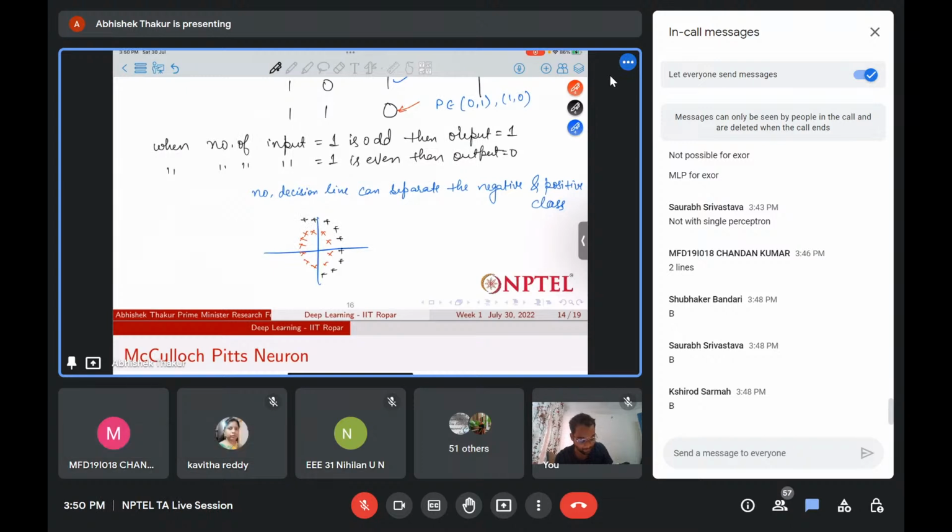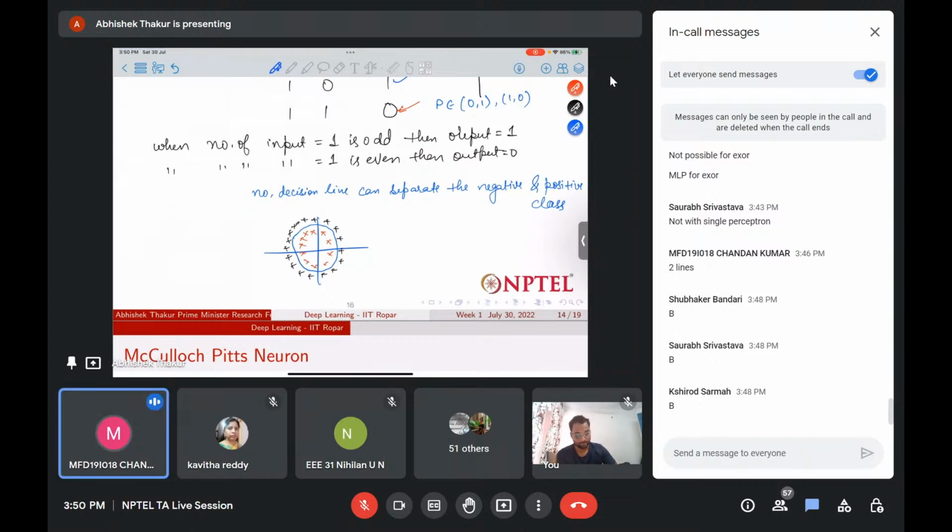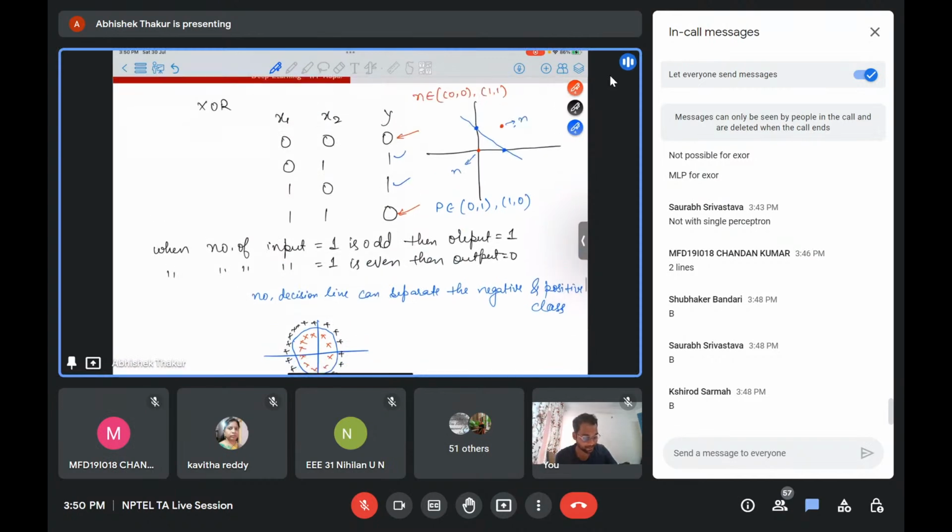In this, if you try to separate it using a line, you will not be able to. There are non-linear curves which can easily separate this, like this circular curve. Those things we will study in multi-layer perceptron in the upcoming lecture videos. For now, the decision boundary is a line, and it is not linearly separable.